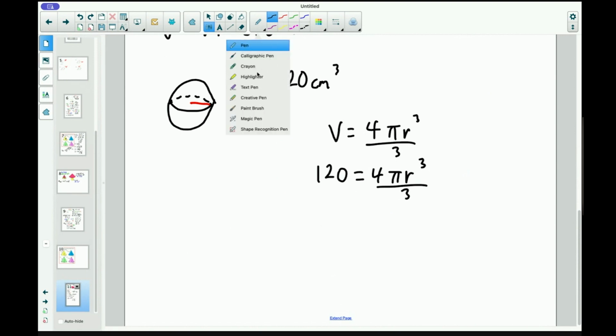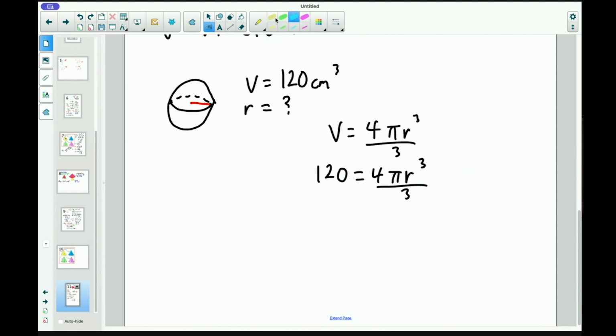So what we're trying to do now is to make r my subject. Okay. So first step is to multiply both sides by 3. So multiply by 3 on both sides. So these will reduce, and we'll get 360 on the left-hand side. 360 is equal to 4 pi r cubed.